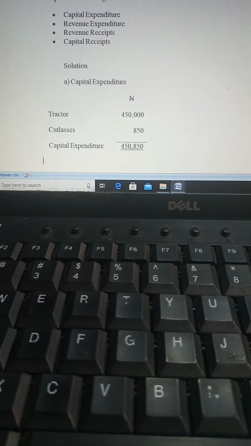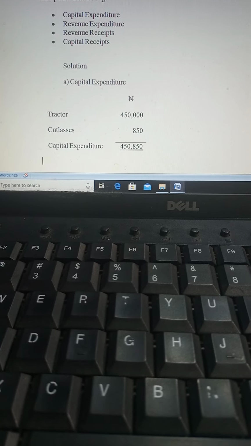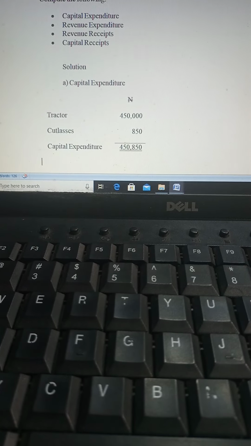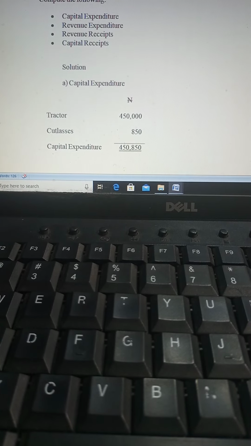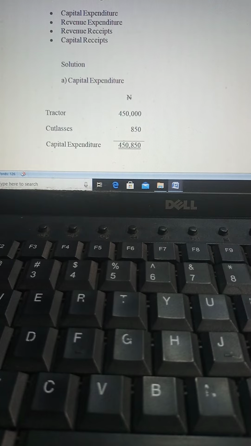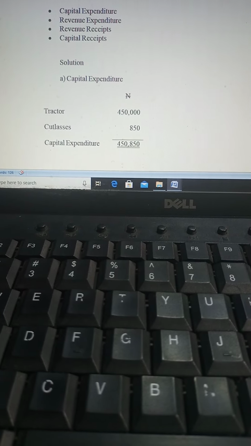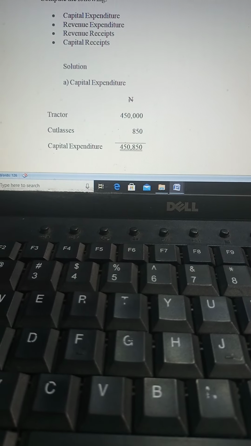Revenue expenditure is an expenditure incurred during the normal activity of a business, or a routine, day-to-day expenditure incurred in a business. It's totally different from capital expenditure.